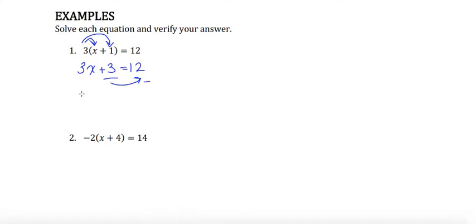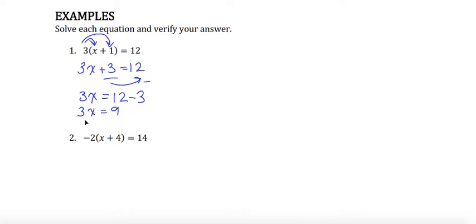So we can have 3x, and because we're moving this over, sometimes you might see it written like this. So 12 minus 3. We've just eliminated that extra step right there. So 3x is equal to 12 minus 3. Let's simplify that. So 3x is equal to 9.